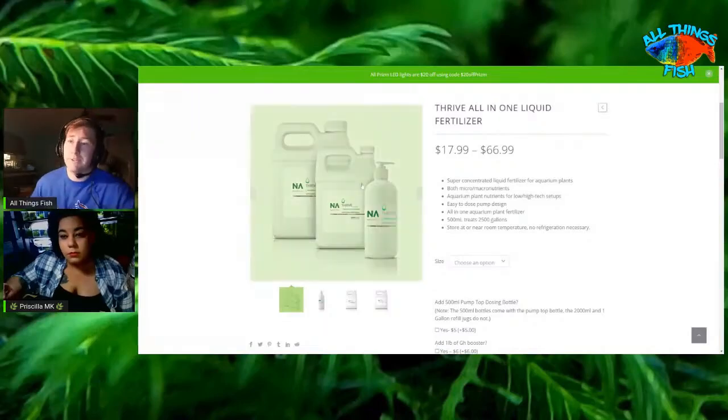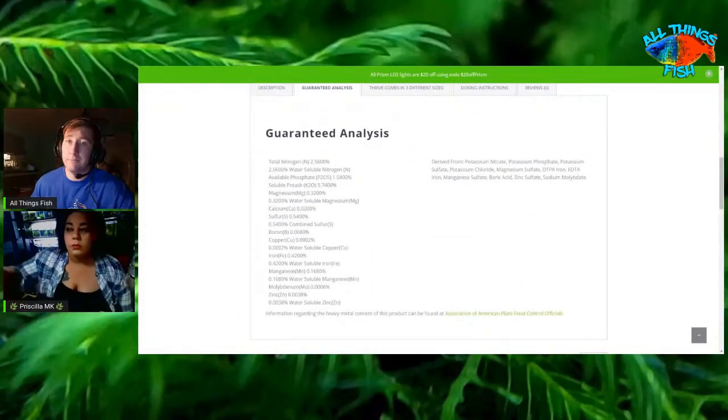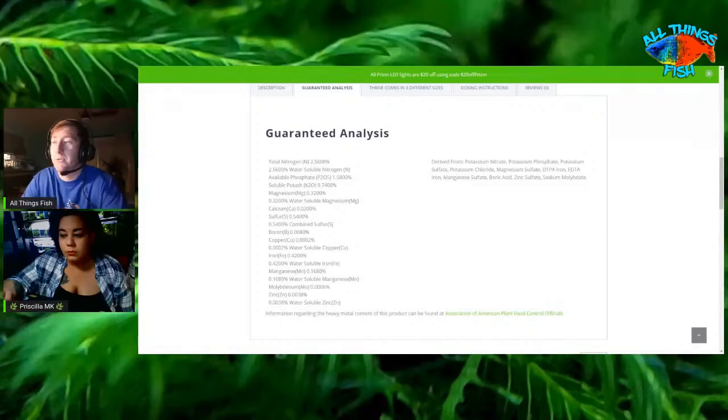And as we can see here, Thrive is going to offer both your micros and your macros. So nitrogen, phosphate, magnesium, calcium, sulfur, boron, copper, manganese, some iron, molybdenum, zinc. So this is Thrive. A lot.